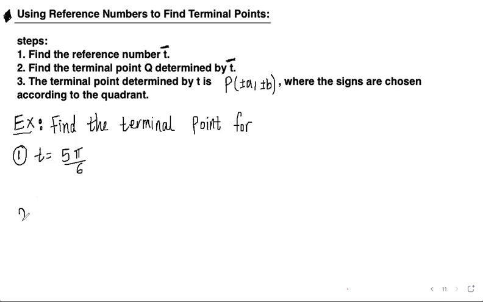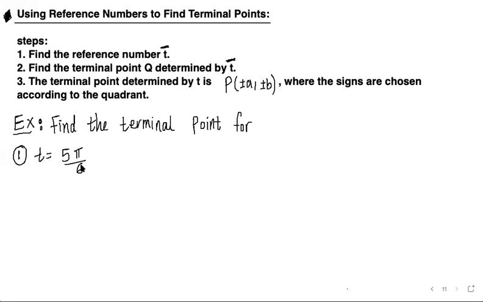Number 2 is pi over... let me do them one by one. So here the t is 5 pi over 6.